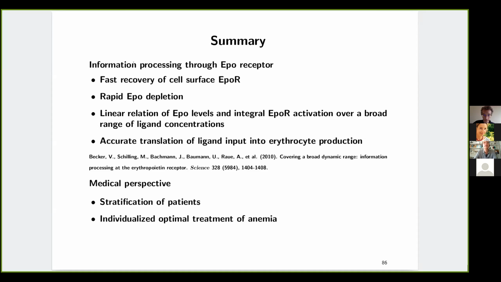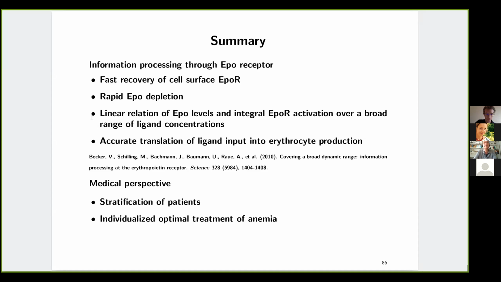So to summarize, in the first part, we saw how the Epo receptor is processing this information of spanning potentially 3 orders of magnitude. We saw that the fast recovery of the cell surface Epo receptors helps the system to stay awake, that the rapid depletion of Epo makes it possible to determine the outside concentration in a reliable way.